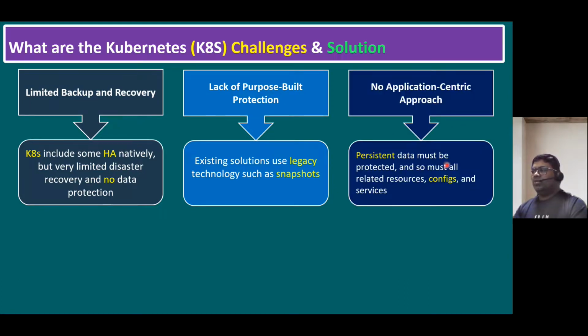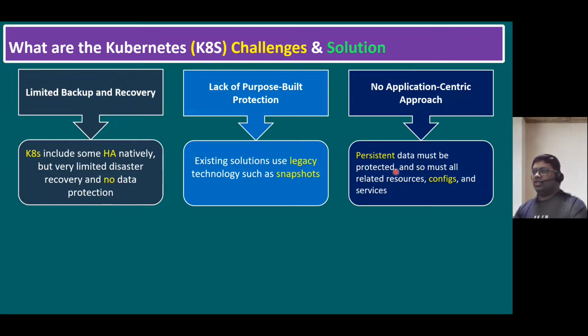Persistent data must be protected, and so must all related resource configs and services. Generally, the backup tools we have are all traditional approaches. They support physical server backup and virtualization environments, but not microservice based architecture applications. So those are the key challenges.